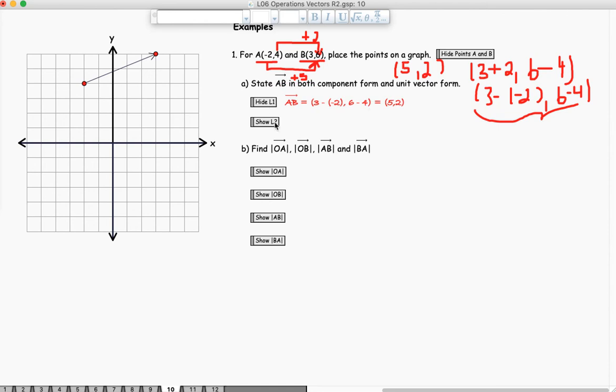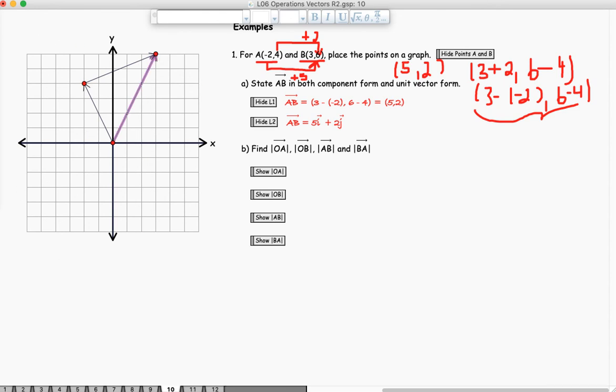So our vector is going to be 5, 2, and in unit vector form, that'll look like 5 vector i plus 2 vector j. Now we would need to find the magnitude of vector OA. Remember, vector OA is going to be this vector. That's OA. And vector OB is that one right there.